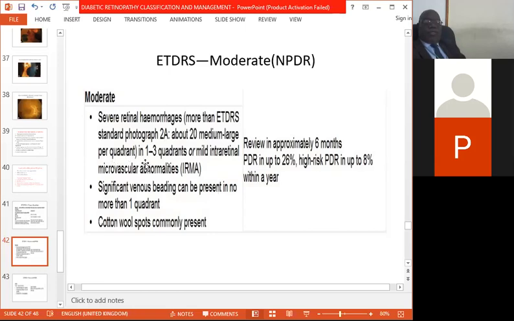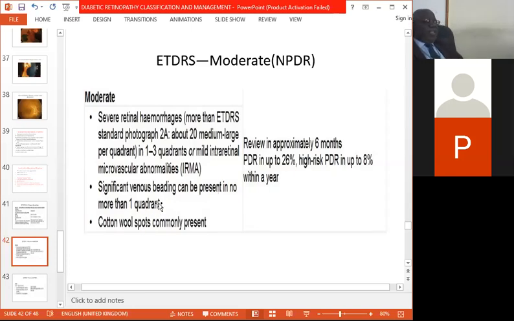The quadrant, 1 to 3 quadrants for mild. Microvascular abnormalities, IRMA, intraretinal. Significant venous beading can be present in more than one quadrant.